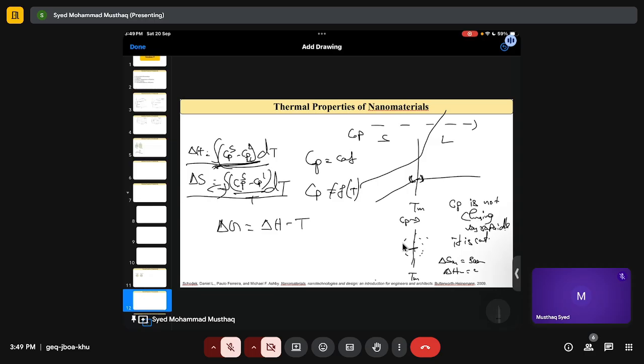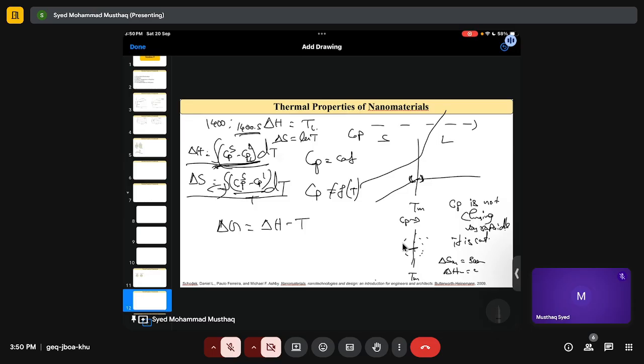Or you might say, okay, we have delta H, Cp came out, then you will have T. Delta H is a linear relation, and in delta S you have ln T. Even if you take that, they will not change very much, because we are just looking near the melting temperature. For example, my melting temperature is 1400, then I'm near 1400.5. So it's not a drastic change, so you can just assume delta H and delta S are constant.